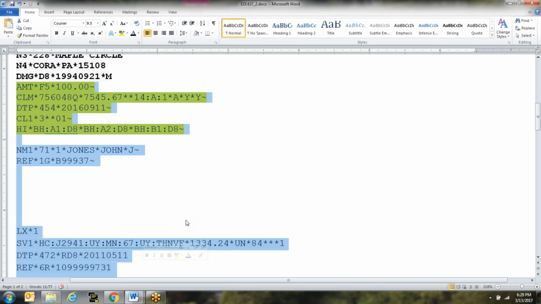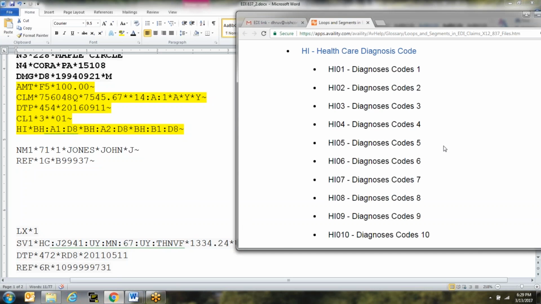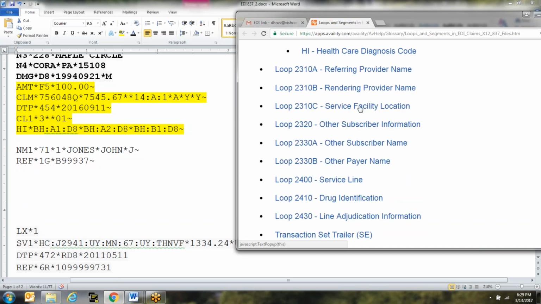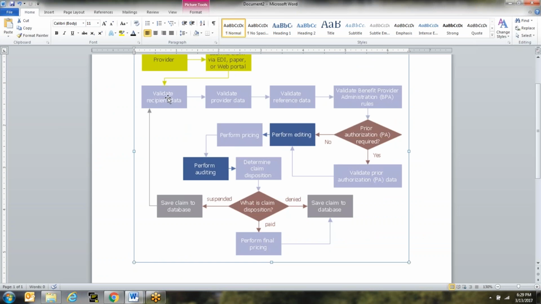Only then will the system pay the medical bill. So recipient data is verified, provider data is verified, reference data is verified. We have validated that this is a perfect file.